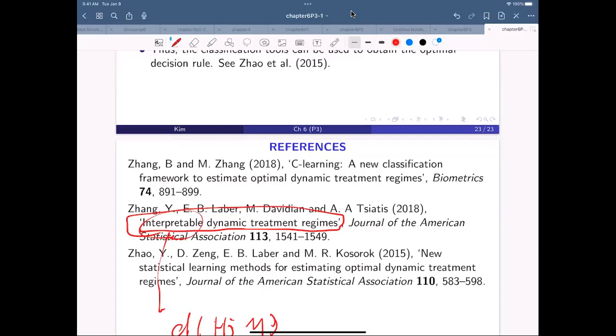Still, the key people are Marie Davidian and Tsiatis. They are a couple. Laber is a student or postdoc, and this guy is also very famous at Duke or UNC, but he probably changed his position. And Zhang Tongmin is also a professor.